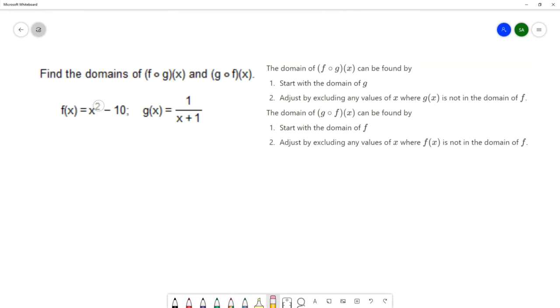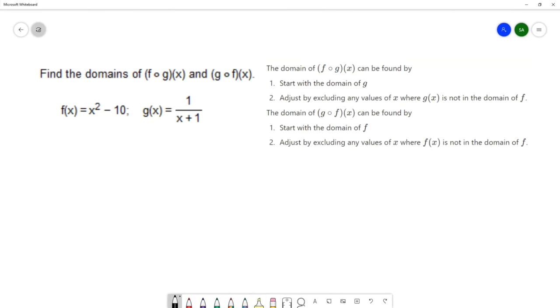What I mean by nice numbers are whole numbers, 0, 1, 2, 3, 4, 5. If that power was fractional or decimal or negative, then it wouldn't be a polynomial. But because it's one of those whole numbers, 0, 1, 2, 3, 4, so on, it makes this a polynomial.